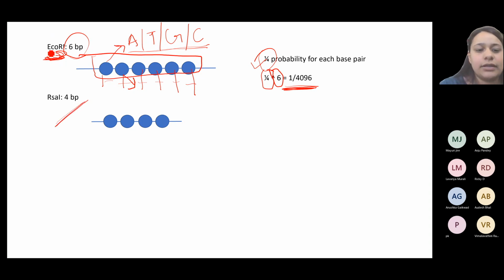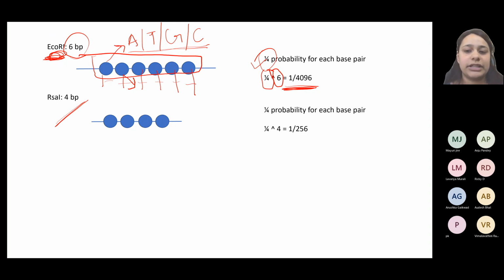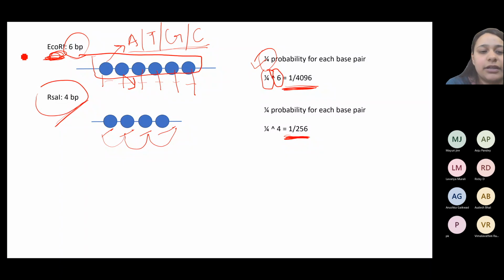Similarly, for RSA1, if the same concept is applied, the probability is 1 by 4 into 1 by 4, that is 1 by 16, into 1 by 4, 1 by 64, into 1 by 4, 1 by 256. So 1 by 256 is the probability for RSA1.